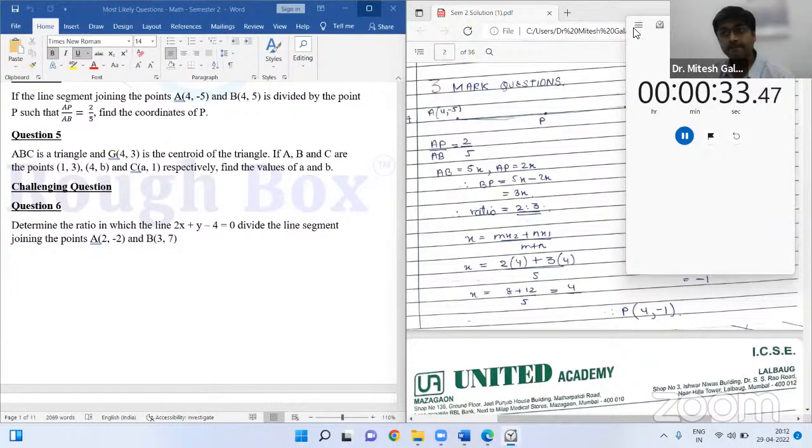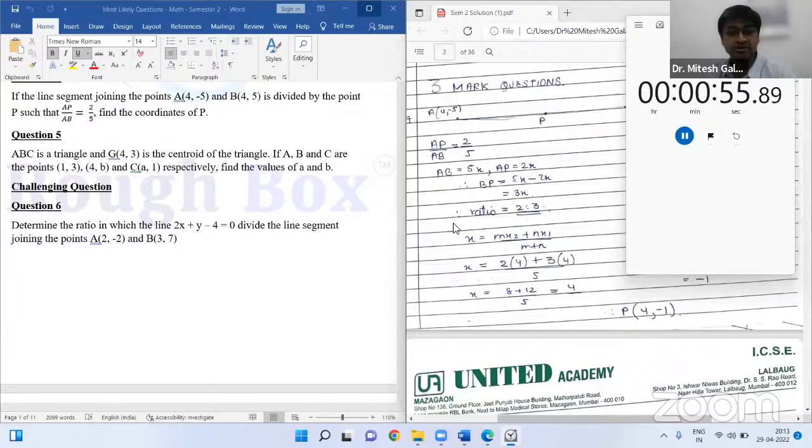Can you please explain this question? Determine the ratio in which this divides the line segment joining this and this. So what you do is take A and B, find the value of x and y in terms of m and n, and then substitute that in this x and y to get your answer. It's a challenging one.